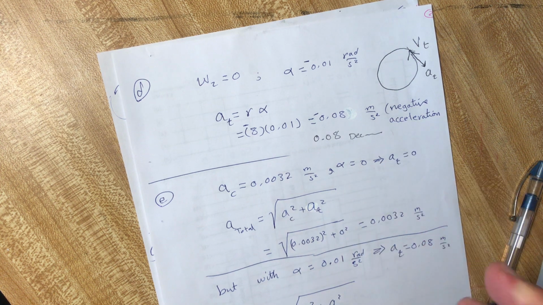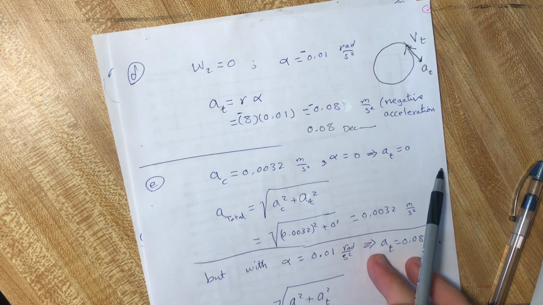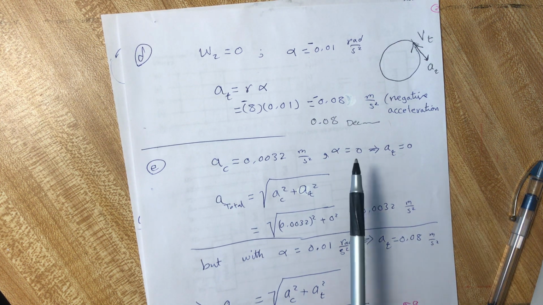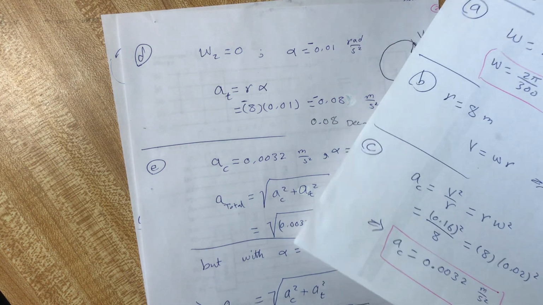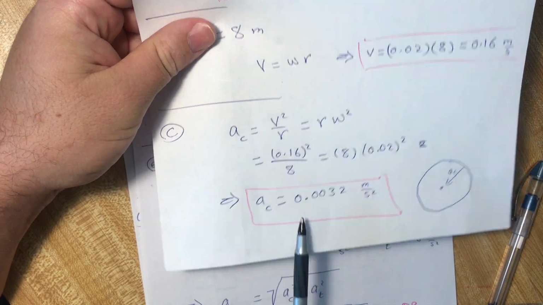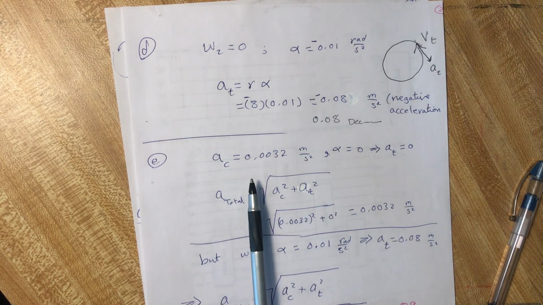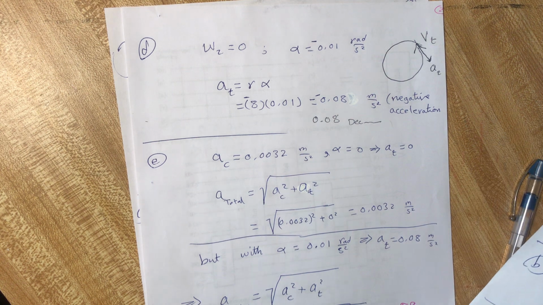Okay, we know that the body is stopped at the end. We have now found the centrifugal acceleration, this value, and we need to find the total acceleration.